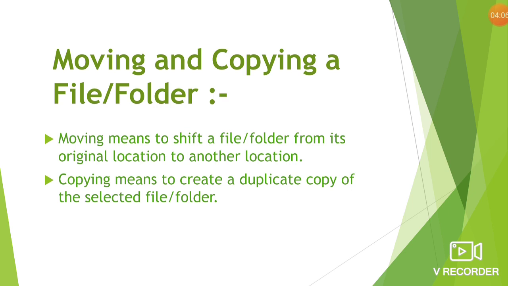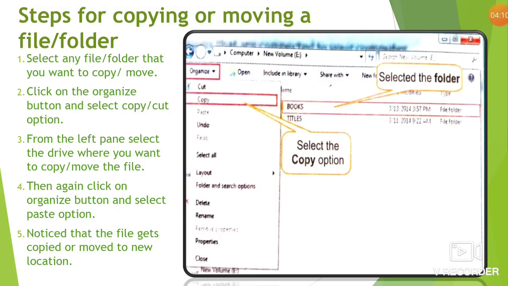How will you do this activity? For this, let me discuss on the next slide. Steps for copying and moving a file and folder. Now for this, many methods are given. Here I am discussing one method with the help of the Organize button. For this, first you have to select your file and folder.